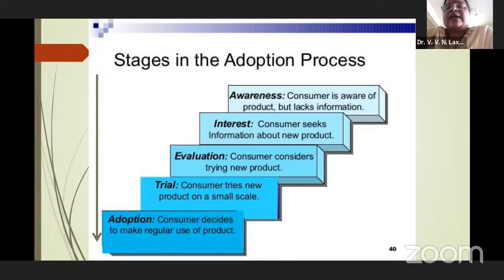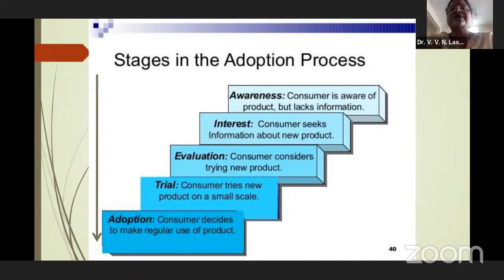Then the consumers will evaluate, that is, compare this product with whatever products they have seen in the past, or the alternatives available in the local markets and the other international products from brands of other international MNCs.